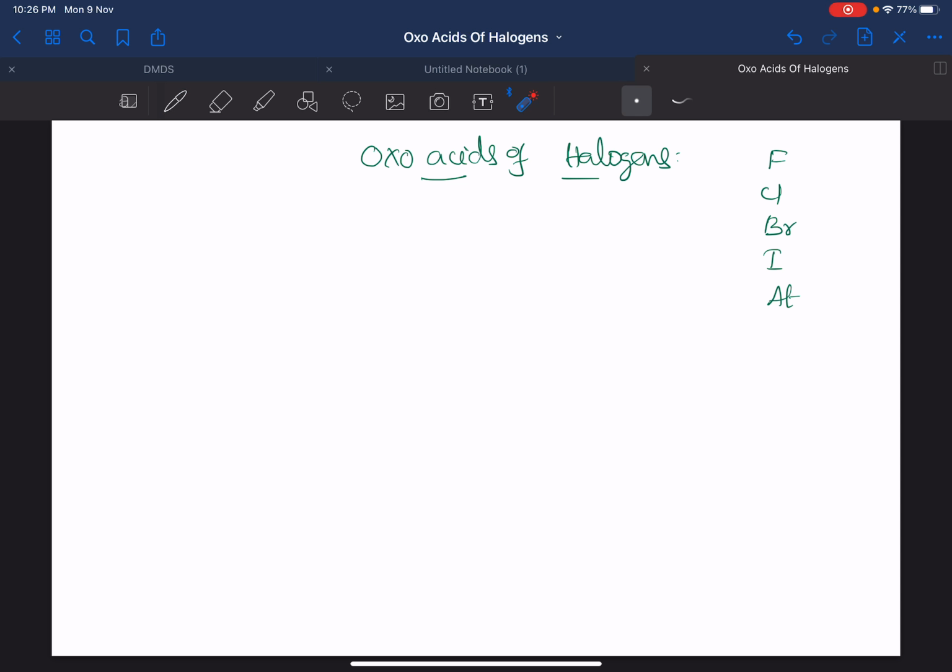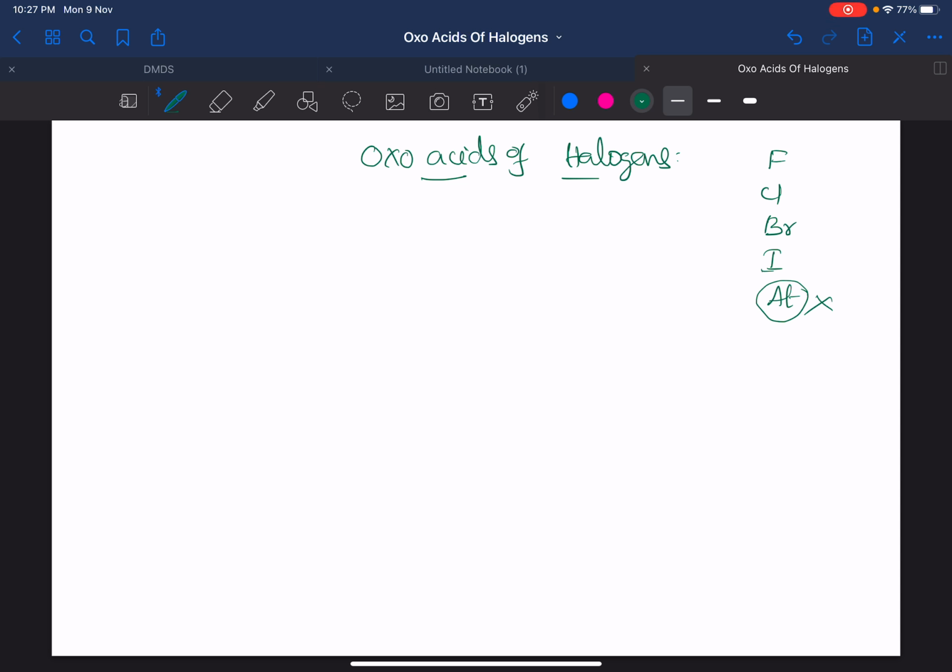Astatine is a radioactive element, so its properties are different from the remaining elements, and we cannot discuss astatine here. We will discuss only fluorine, chlorine, bromine, and iodine, the main halogens which participate in all of the chemical reactions.